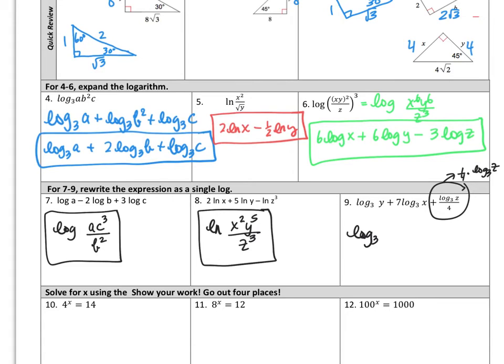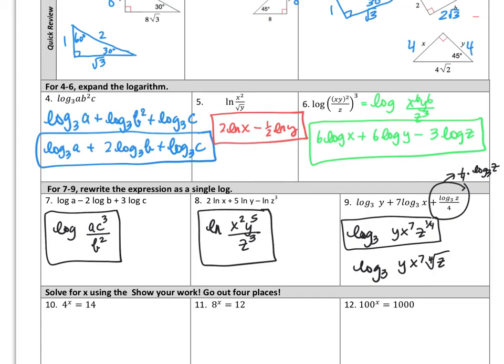On the top I've got y, x to the 7th. Oh, that's plus 2, so it's on the top also. So this would be z to the 1/4. And you can leave it like that, or if you prefer, you can write it with the 4th root of the z if you want.